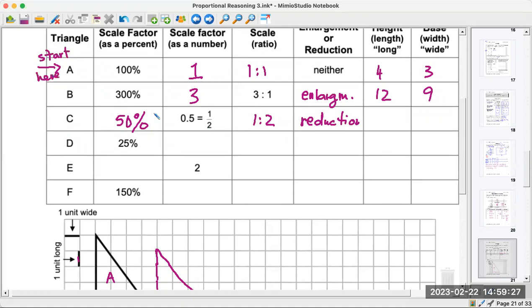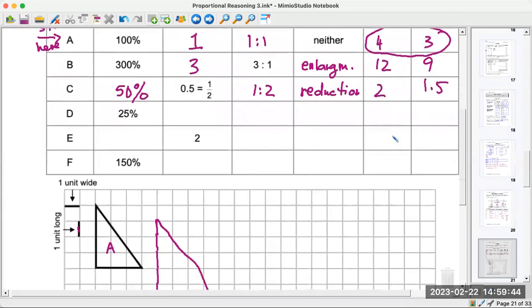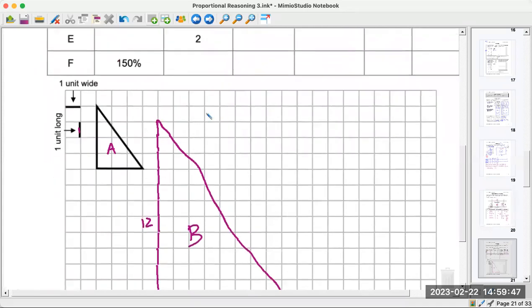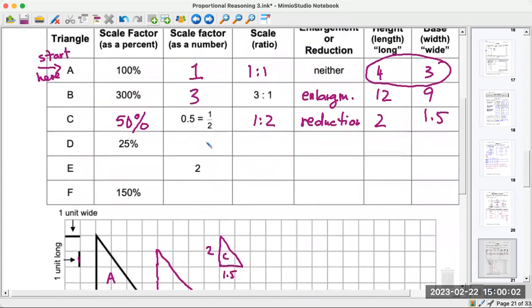You never go back. Well, you could, but if you start here on the first triangle and look at these numbers, those are the ones I'm going to go by. If I want to make it half as big, it's got to be half of 4 and half of 3. So it's 2 and 1.5. So I'm going to come here. I have only 2 and 1.5. And that's called C, I believe. So that's a reduction by half.